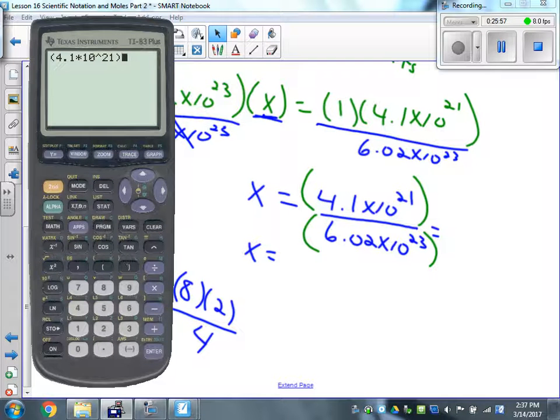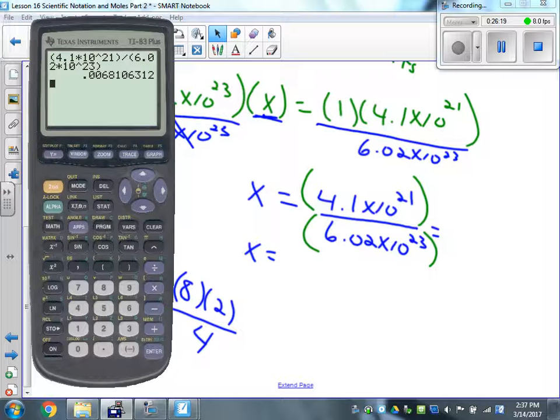Okay, brackets, right? Divided by 6.02 times 10 to the 23. You definitely need brackets on the second number, though. You need to have brackets, or you need to enter it as an E. Okay, this should be your answer: 0.0068.